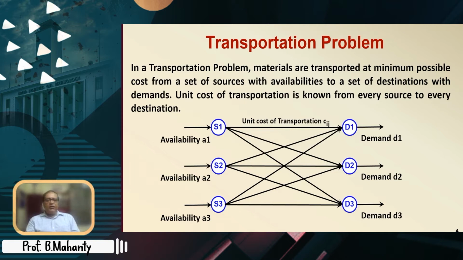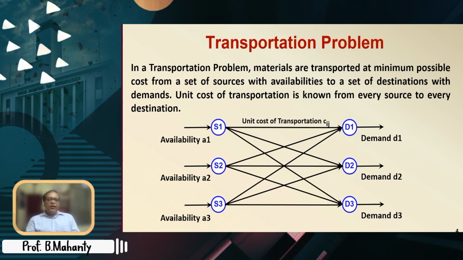Another kind of transshipment could be that you send the material from S1 to D1 and then from there you transfer to D2, right? So destination to destination transfer. Sometimes even destination to source. Maybe from S1 you send material to D1, from D1 you send to S3, and then from S3 you send to D3. That looks a little too much, but practically that could also be an option. So source to destination to source to destination.